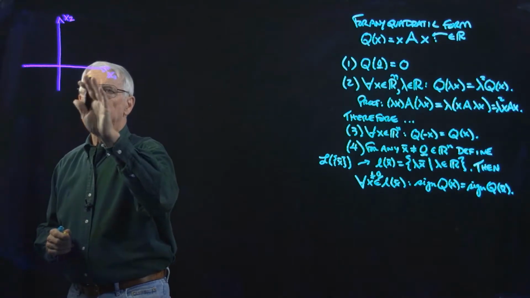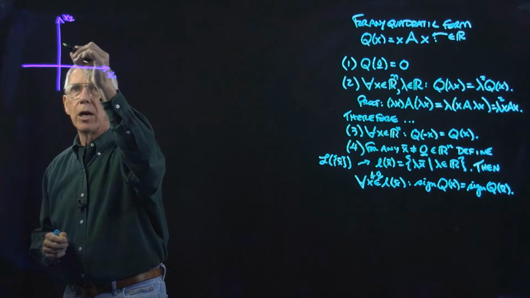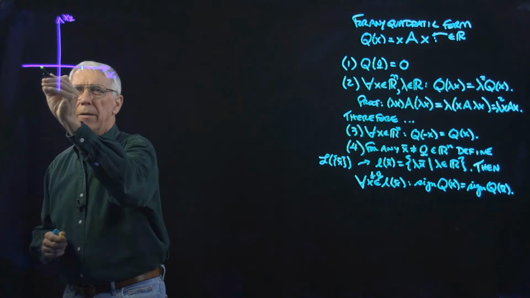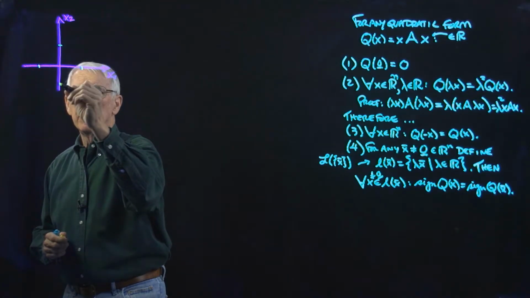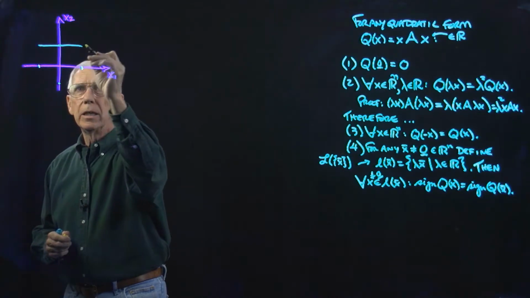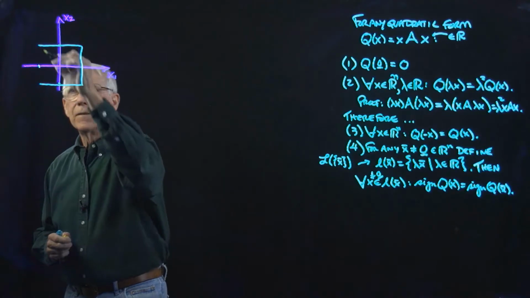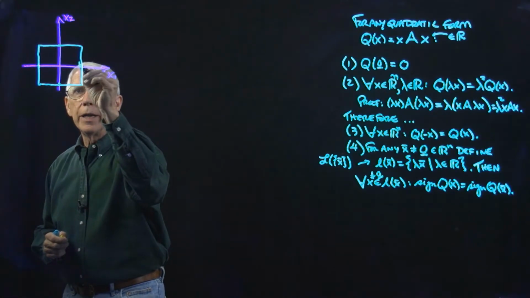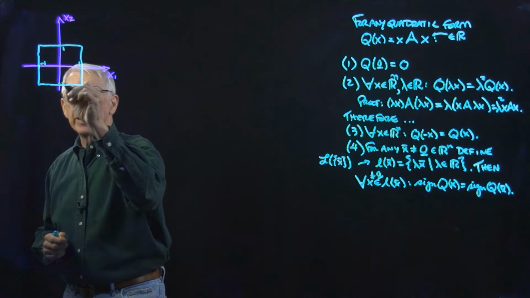It's like a unit square, but it's one unit in each direction centered at the origin. So I'm going to draw a square that goes from plus 1, minus 1, plus 1, minus 1. So this square is going to be like this. Okay? So this is 1, this is 1, this is minus 1, and this is minus 1.